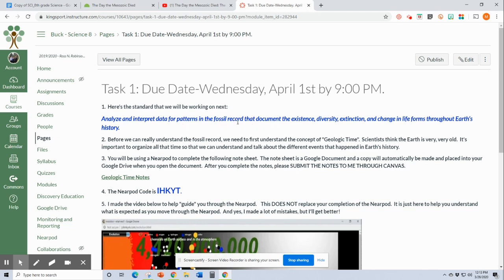What is it we want to figure out from looking at that fossil record? We need to figure out what different types of things existed, how much diversity, which just means all the different things, and when we start to see those things in the fossil record. When do we first see single-celled organisms?